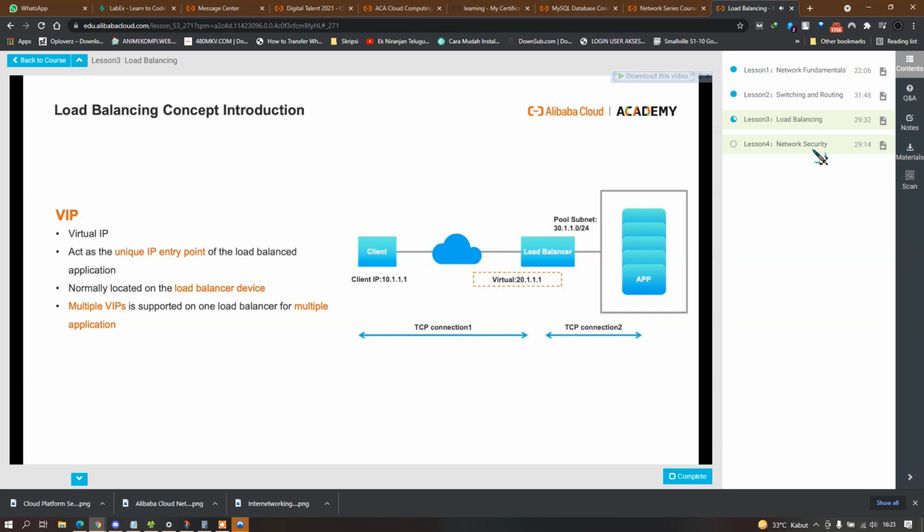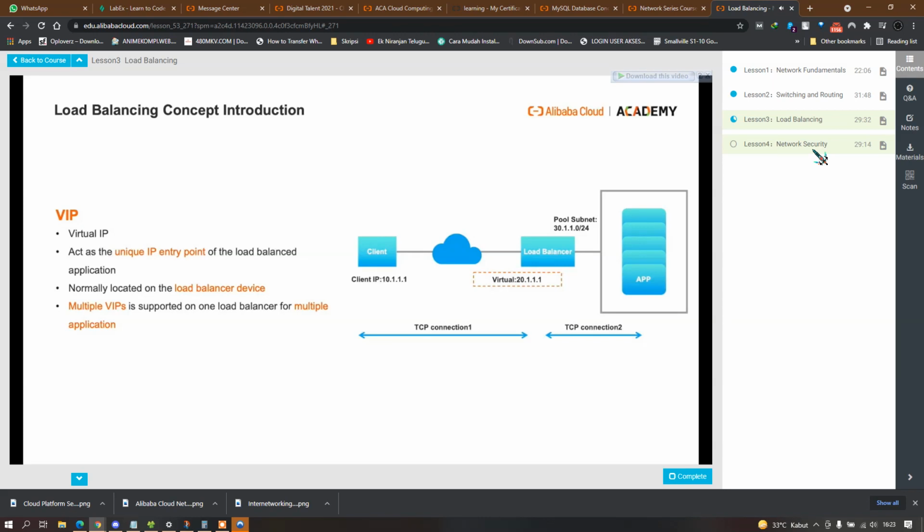Here we can see that the virtual IP is the entry point of the whole system, which means that if the client from outside wants to visit the application, it should visit the VIP first, and then the VIP will receive the request from the client and distribute the request to the backend application. So this is how the VIP works.